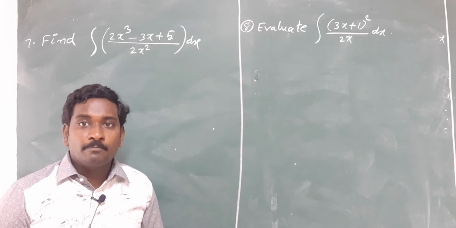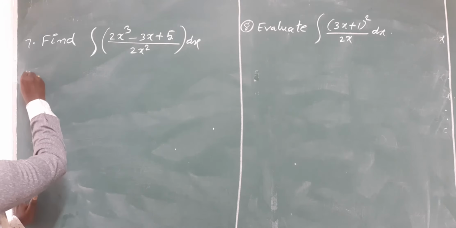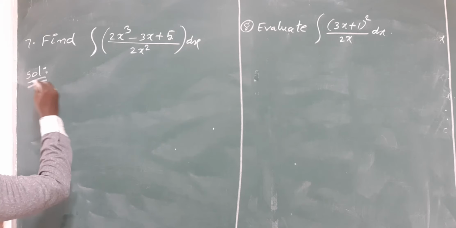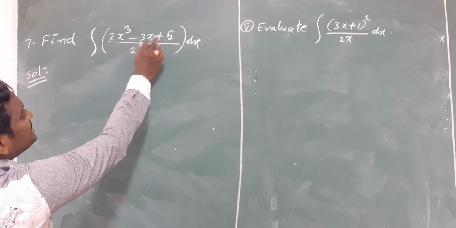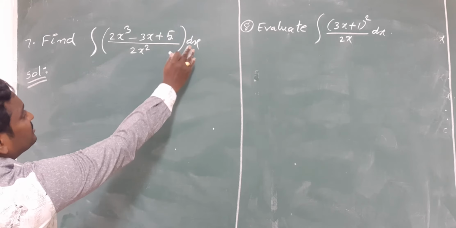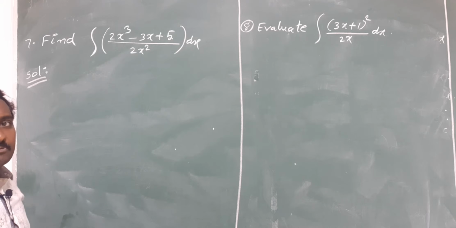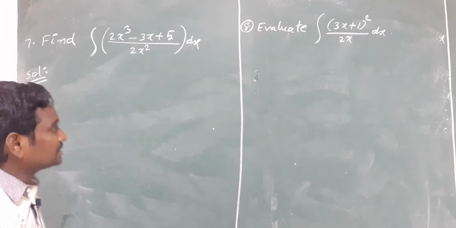Please see the next problem. Find integration of 2x cube minus 3x plus 5 whole by 2x square of dx. First split the terms which are inside the integration.